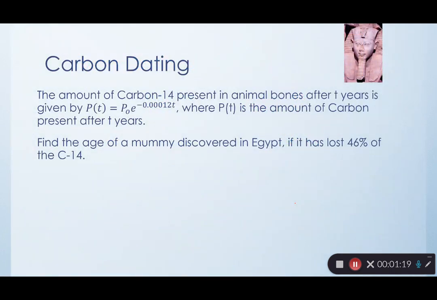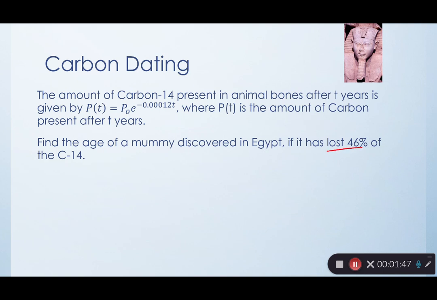All right, so here the amount of carbon-14 present in animal bones is given by this equation, P0 e to the negative 0.00012 t. So P of t is giving the amount of carbon present after t years. Find the age of the mummy discovered in Egypt if it has lost 46% of its carbon-14.